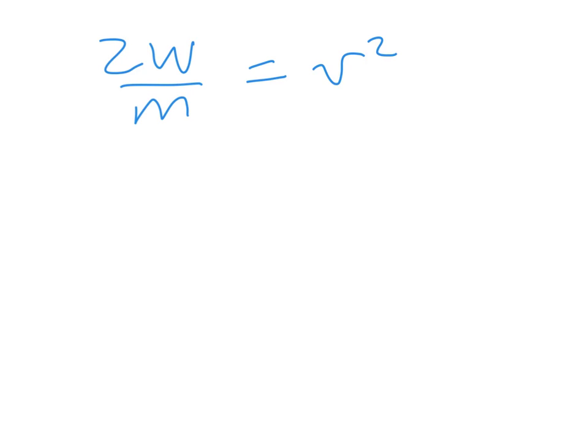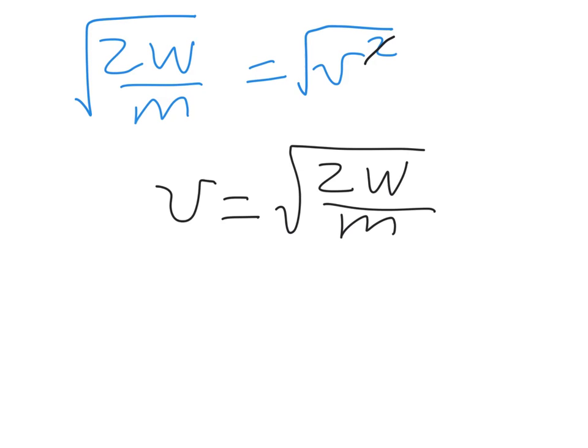So we've taken our work-energy relationship and done some algebra. We can now take the square root of both sides, and that'll get rid of this square here. When you take the square root, that undoes the square, and that will leave us with our answer.